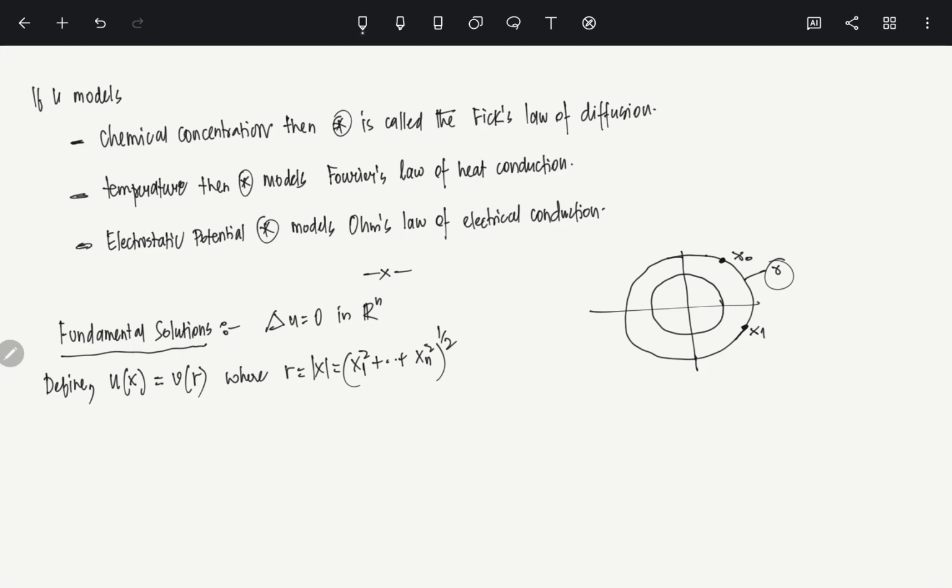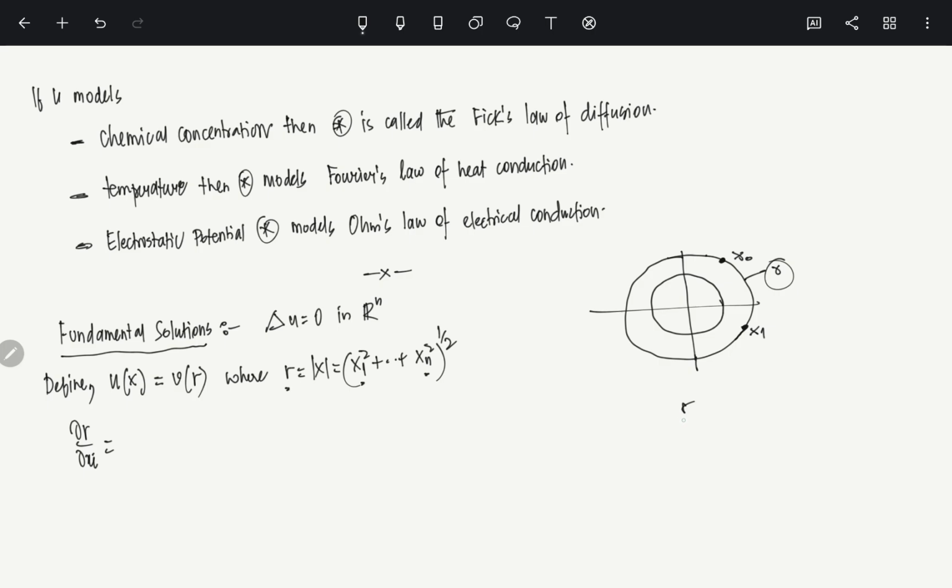Essentially, we are assuming there is a solution u(x), and we want that solution to have some particular properties. We want it to look like some function of r, where r is |x|. Now if that holds, first let's look at ∂r/∂xi. r is a function of x1, x2, ..., xn.